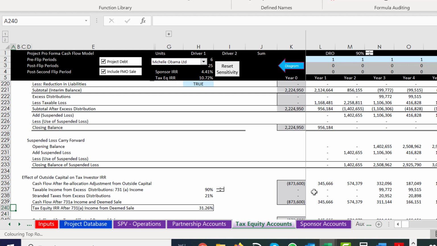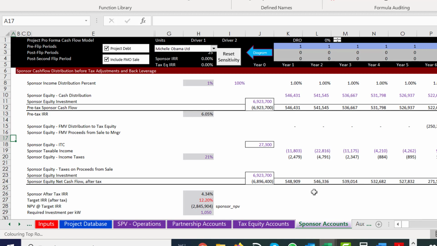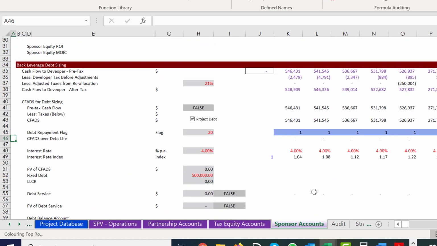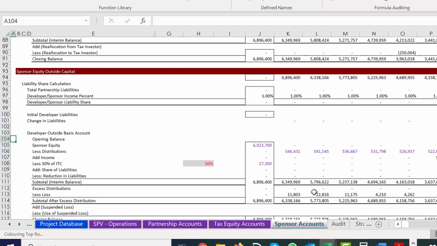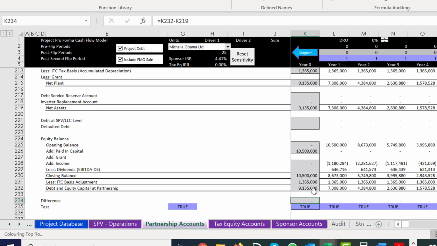So we get something like an equity balance. I almost should put this in audit, perhaps. We have back leverage, sponsor inside capital. Here's a reconciliation. We'll have the total equity balance from the partnership balance account. Notice that this comes straight from K230, minus the basis adjustment that we'll talk about.